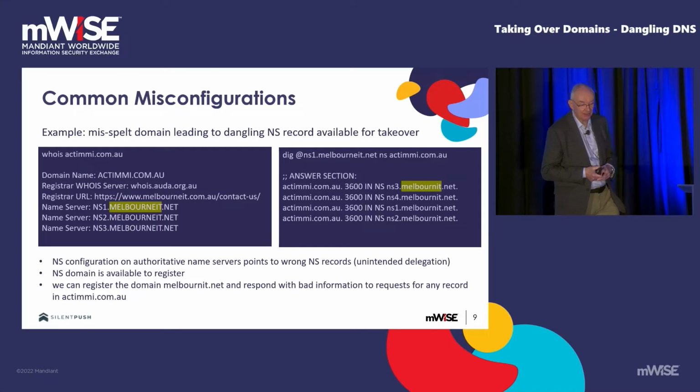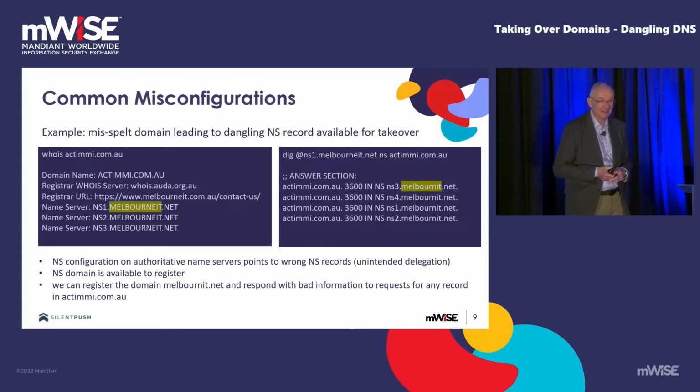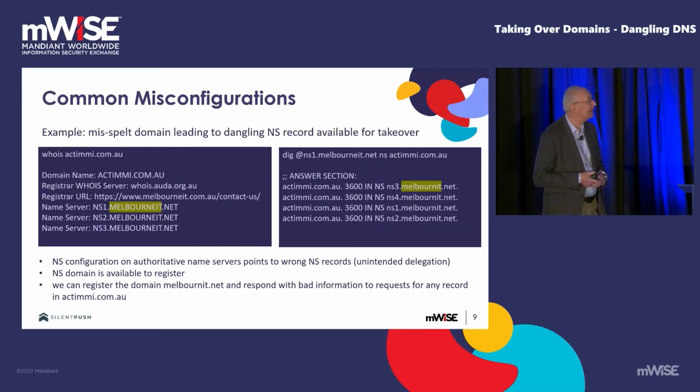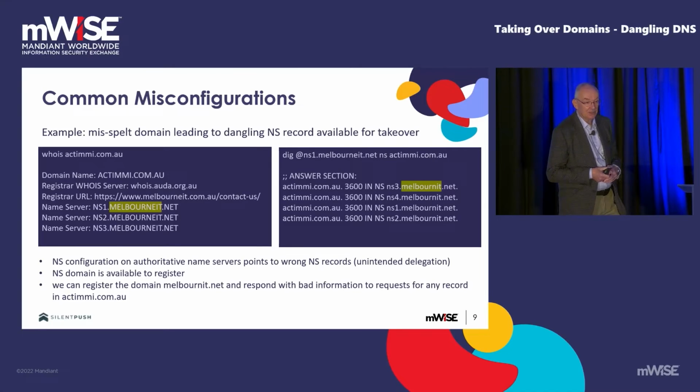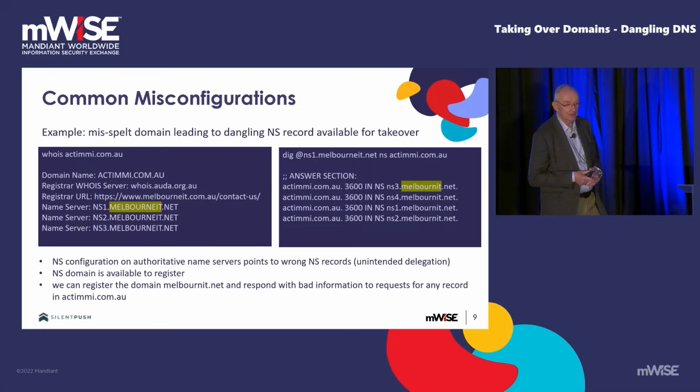This is a fact of life, and it occurs in technology as well as in the real world. So in this case, we can see on the left, we have whois information, which is essentially the registrar information presented in the whois format. In there, whoever bought this domain registered the name servers with NS1, 2, and 3, melbourneIT.net.